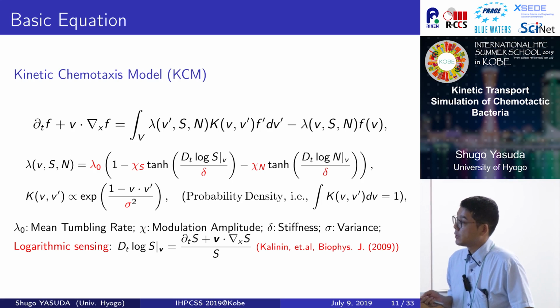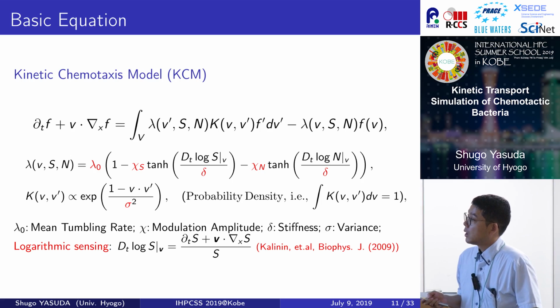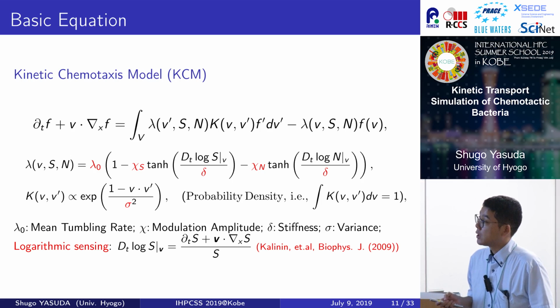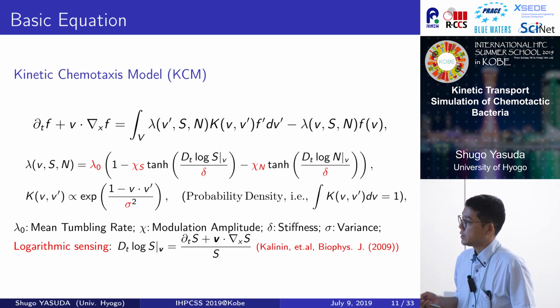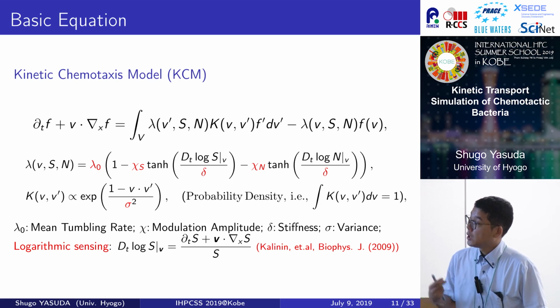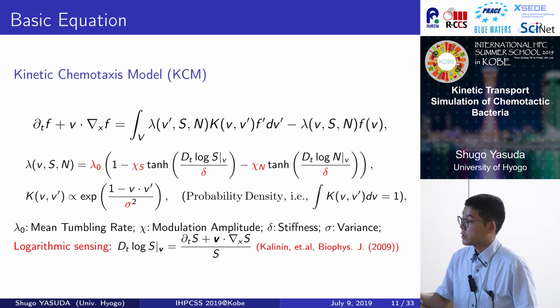Here again, I write the basic equation. This is our basic model. Here the tumbling rate is separated into two parts, and small lambda describes the tumbling rate, but it does not depend on the velocity after tumbling.